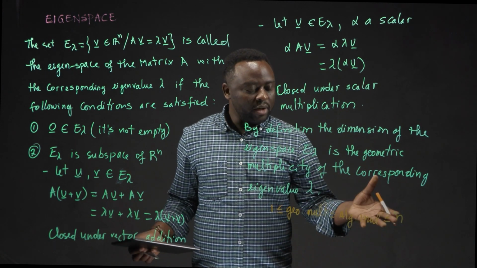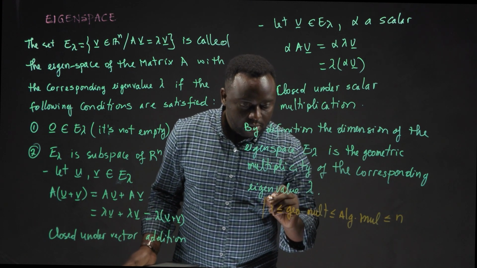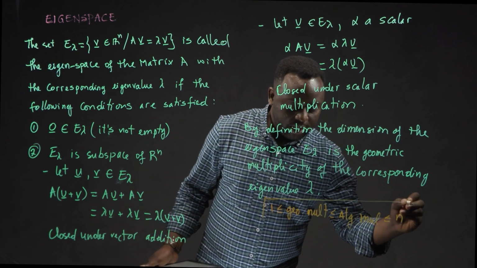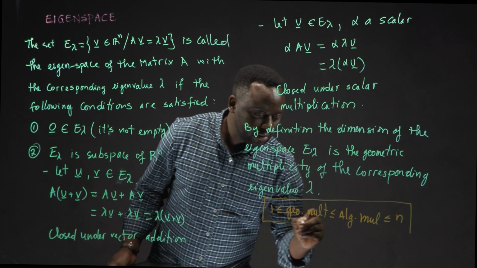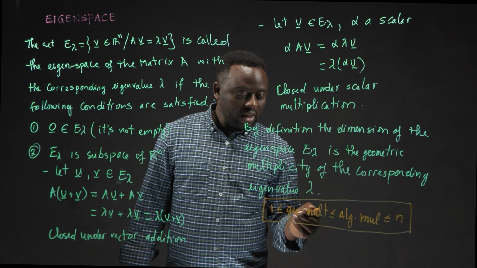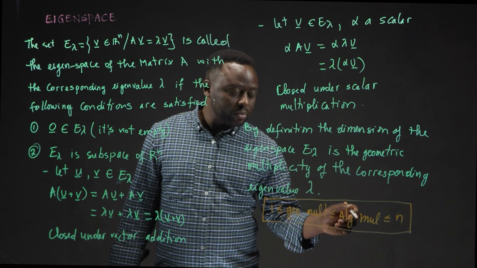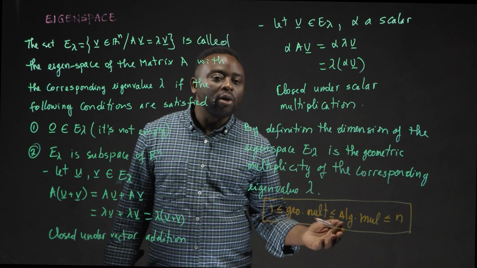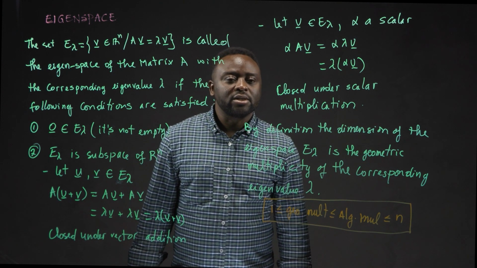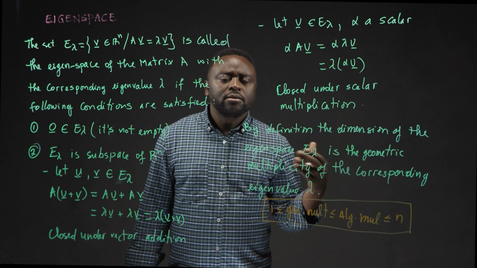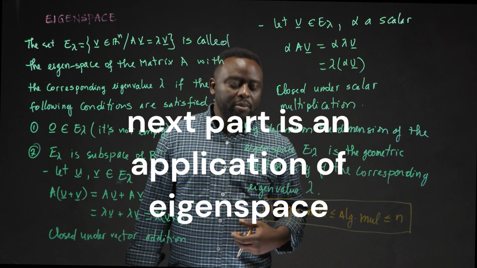Okay, so every time we have to make sure that this condition is satisfied for the geometric multiplicity or even the algebraic multiplicity. Okay, if the geometric multiplicity is equal to the algebraic multiplicity for all eigenvalues of our matrix, then we say in this case that the matrix is diagonalizable.